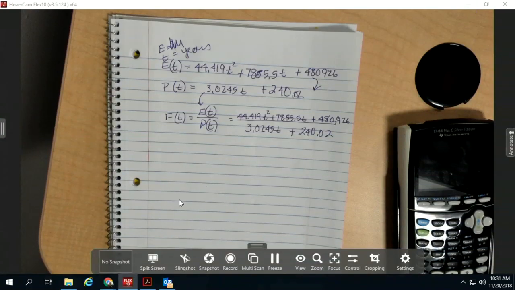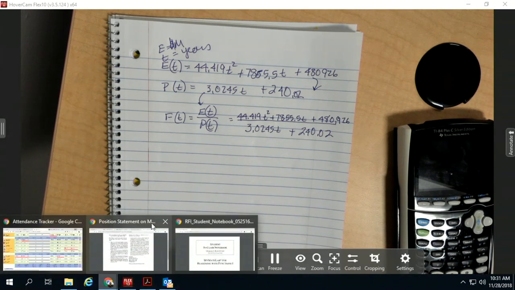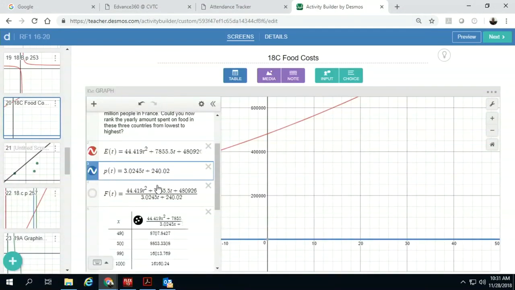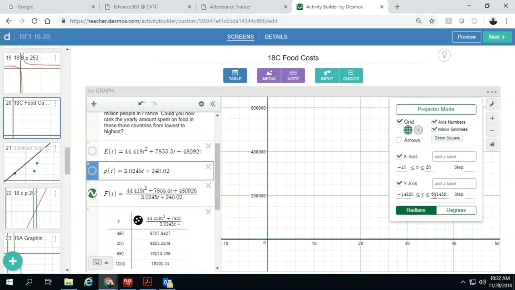Okay, so we've got that graph, and we can model that in Desmos. The easiest way to do it is to just grab this part of the first equation and put it on top, grab this equation and put it on the bottom. And now when we graph it, I'm going to turn these two off because we only want the food function. If you notice, it makes sense. We aren't going to have $200,000 of food expenditures per year.